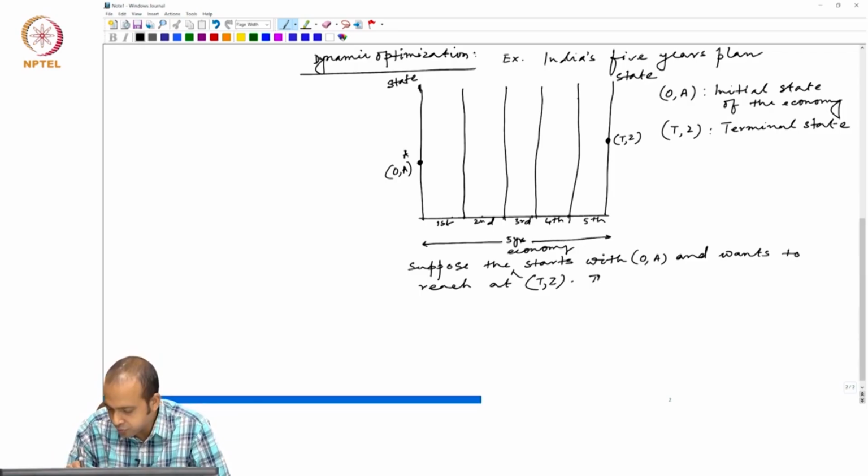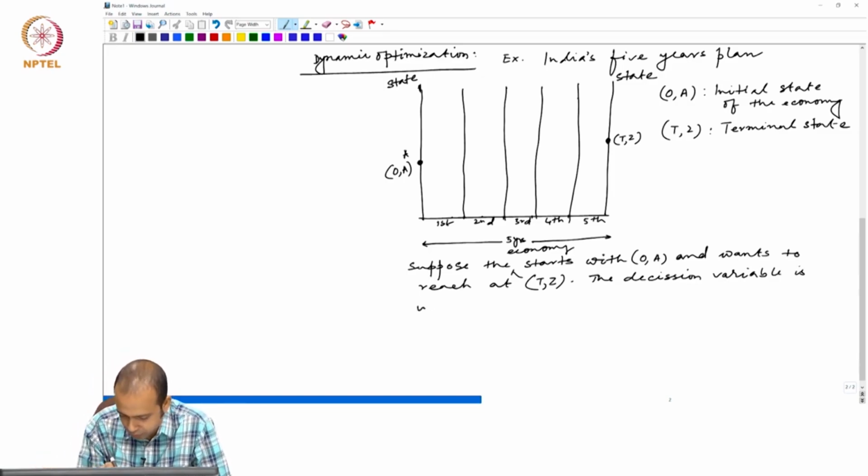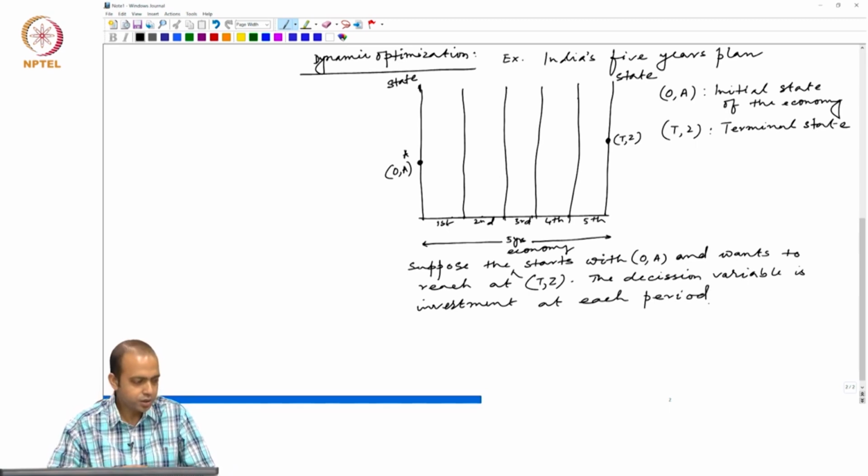The decision variable here is investment at each period.